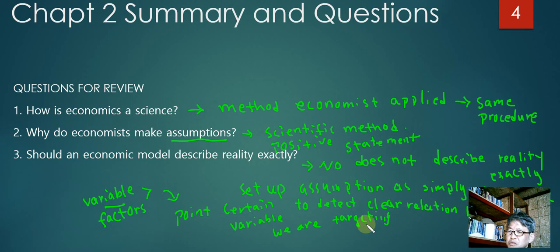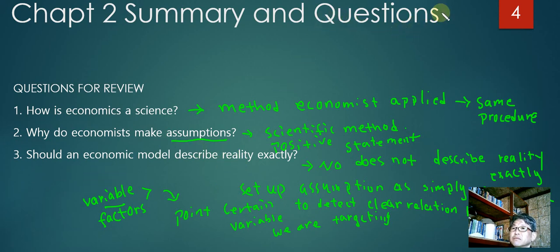As we do this, we can clarify exact relations between variables, so we can detect the result. Actually, most economic models simplify assumptions, so they do not reflect all reality exactly. So this is the answer to number three.